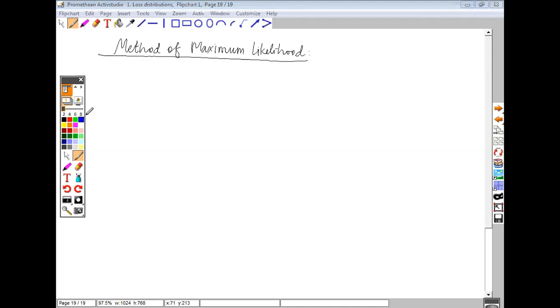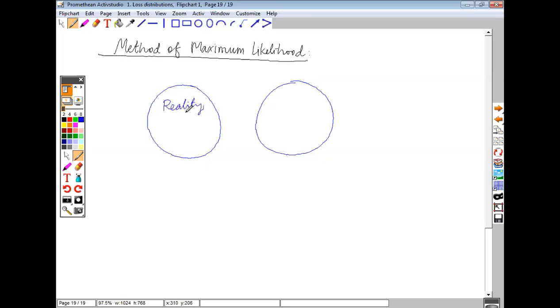Again, we have something with us, and again we have something else with us. So in my first circle, I'm going to write reality, the thing which it is in the actual case, and the population. And here I write that I have a data sample.